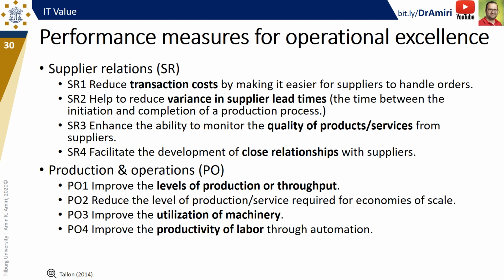Under production and operations, we can measure the level of production or throughput. We can measure the productivity of the machines, and we can also measure the productivity of the employees and workers.